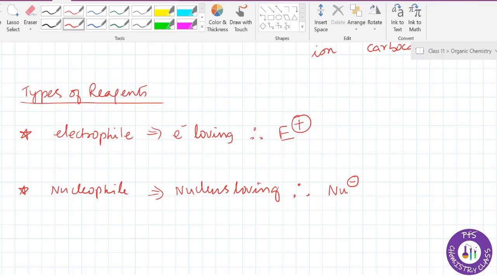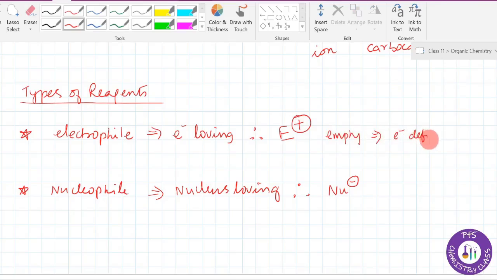As we have seen, the plus sign means an empty orbital, which means they are electron deficient. Since it carries a plus sign, this will be electron deficient. Examples of electrophiles include H plus, the proton which dissociates from an acid, or in an aqueous solution of an acid, the hydronium ion.